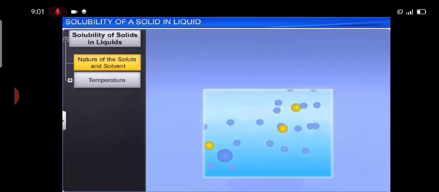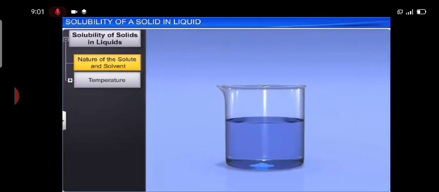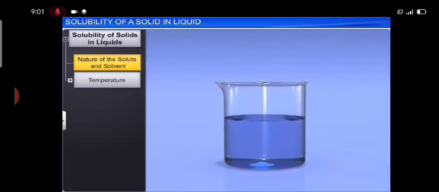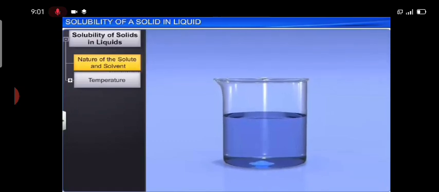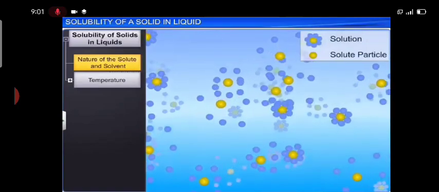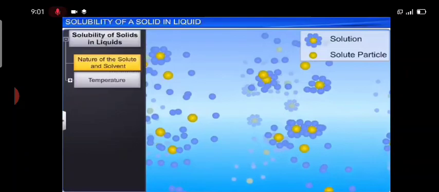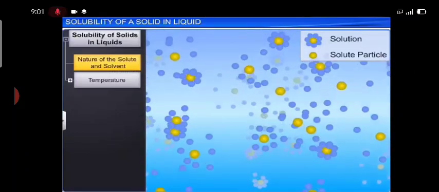Therefore, a solution in dynamic equilibrium with undissolved solute is a saturated solution and contains the maximum amount of solute dissolved in a given amount of solvent. The concentration of the solute in such a solution is its solubility.